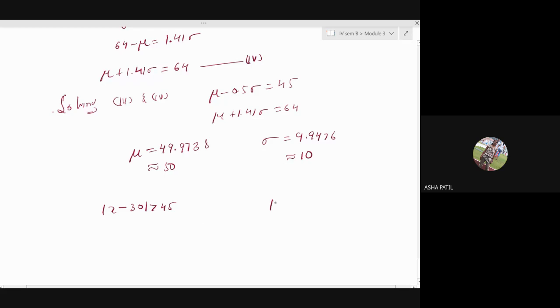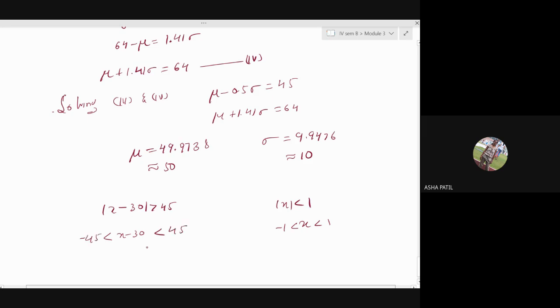Mod of x is less than 1 means what will you write? X lies between plus 1 and minus 1, right? Now here, x minus 30 will lie between minus 45 and plus 45.